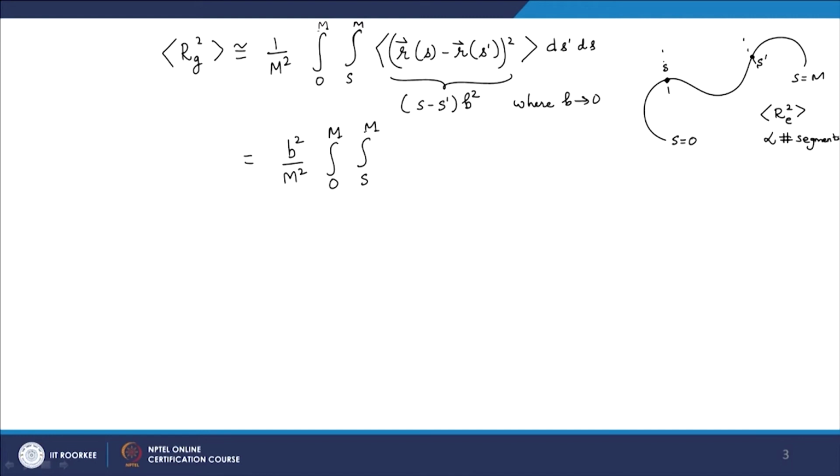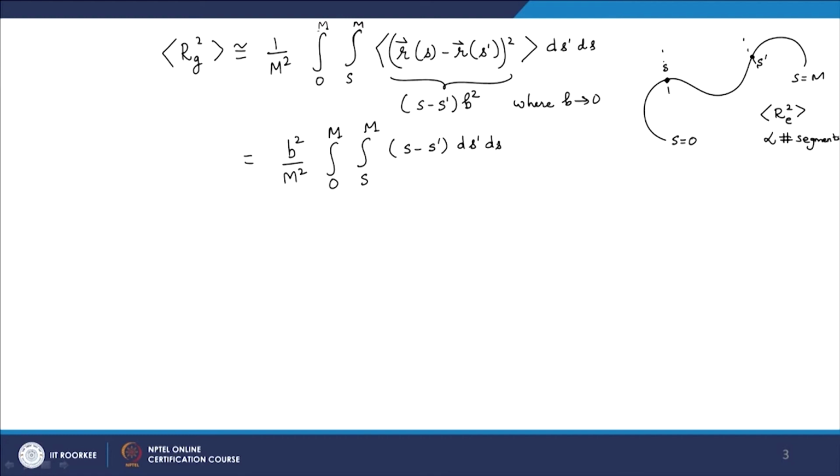This is still the summation was from j equal to i to m. So, I am going from s to m, and then we have s minus s prime ds prime ds.